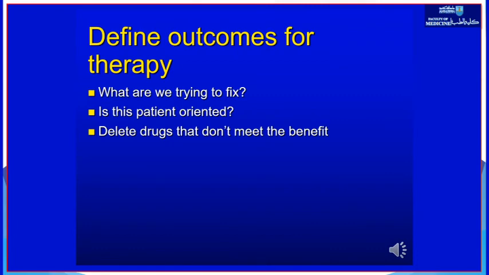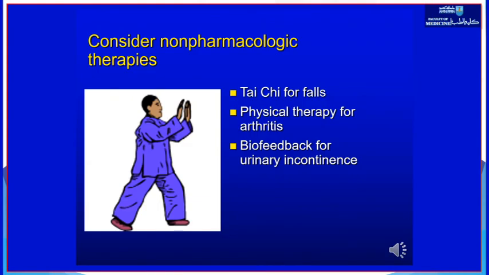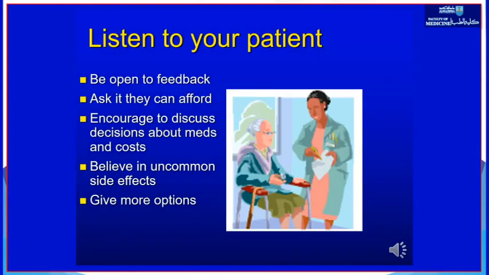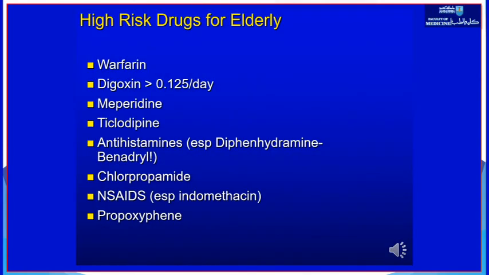Define outcomes of therapy. Consider non-pharmacological therapies. Listen to your patient. Some of the high-risk drugs that you should avoid in the elderly are the anticoagulants such as warfarin, digoxin, clopidogrel, antihistamines, non-steroidal anti-inflammatory drugs, and corticosteroids.